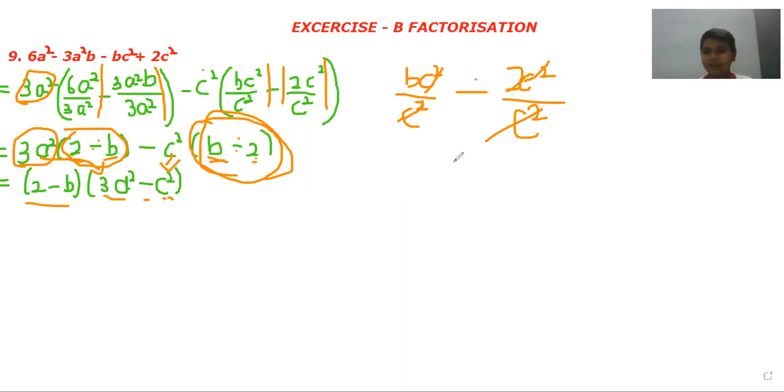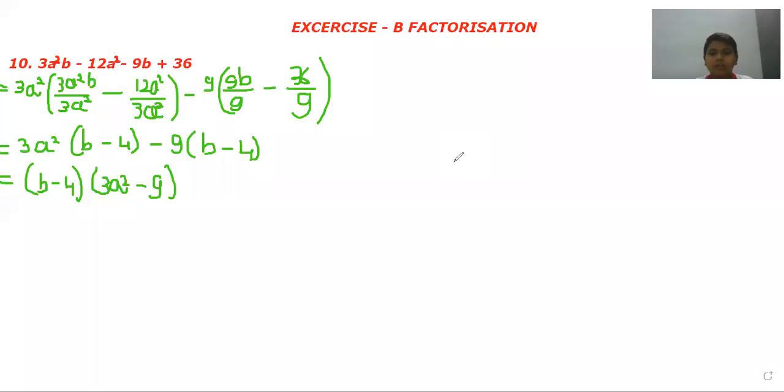Okay, so now let's go to our last question. So guys, here is our last question and the sum. So let's see how to do it. Okay, here there are 2 terms. One is this and one is this.